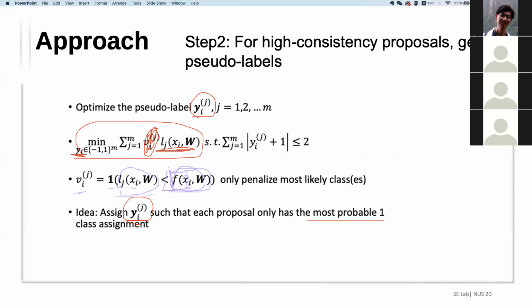This selection is based on proposals, not images. They compute the consistency and rank. They only have pseudo labels on the proposals which have high consistency, right? So the answer is yes. Given the images, there are supposed to be 10 proposals, but given their pseudo labels, they only assign pseudo labels for 5 of them, even if all of the pseudo labels are correct.